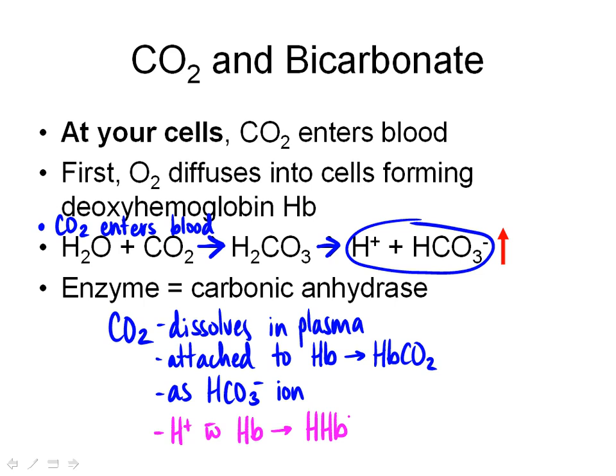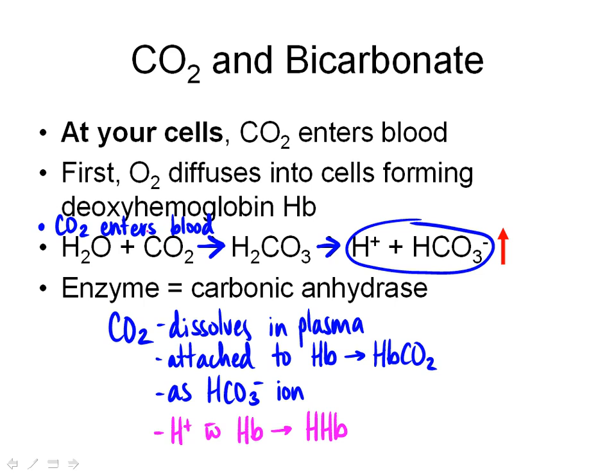I should have mentioned this earlier too. Remember when I talked about the medulla oblongata and the peripheral chemoreceptors, the aortic arch and the carotid artery? Remember I said that they were measuring high CO2 levels and also high H plus levels? Hopefully now with this equation, you can see why we would measure H plus.